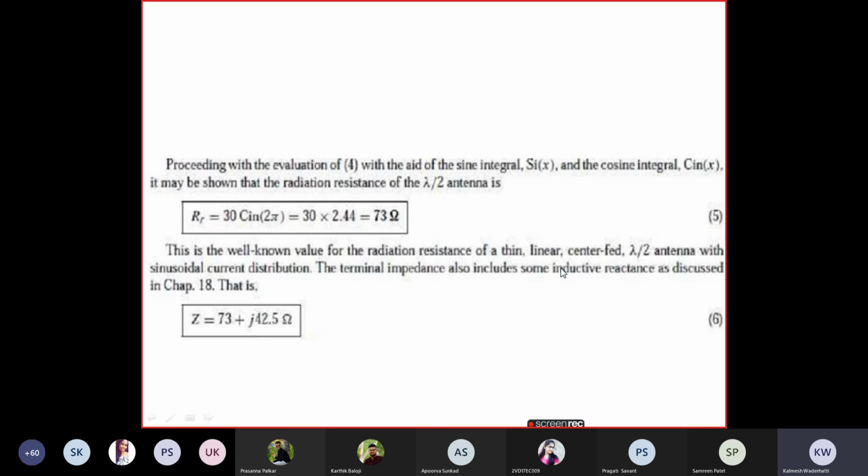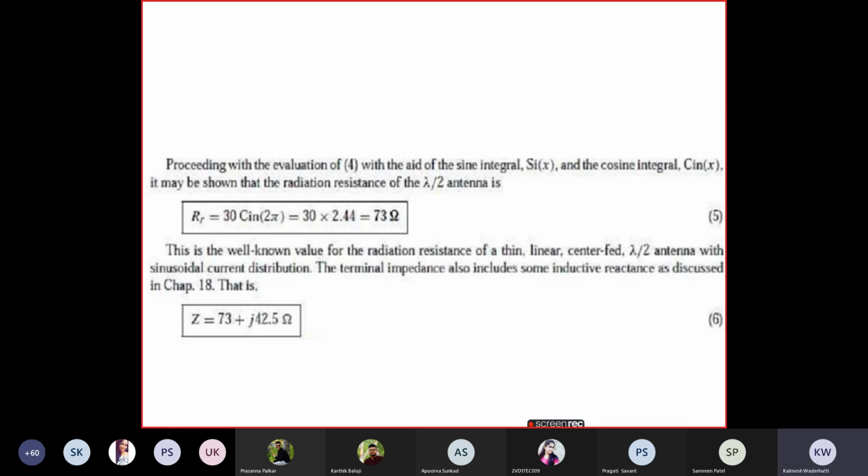Again the reactance appears, 73 plus j 42.5, therefore you need to cancel the reactive part 42.5. For that you need to reduce the antenna length from lambda by 2. With the reduction of the length, the radiation resistance will be approximately 65 ohm.